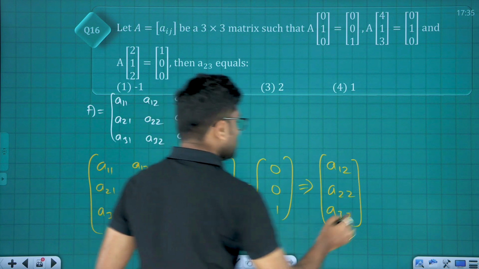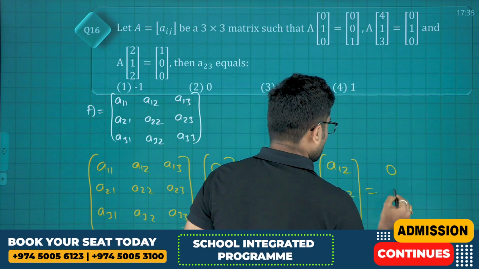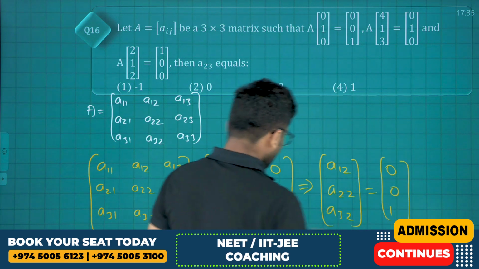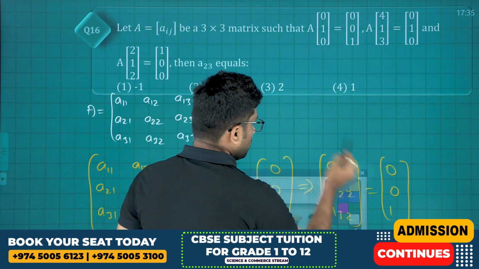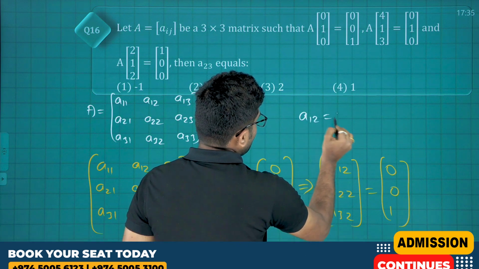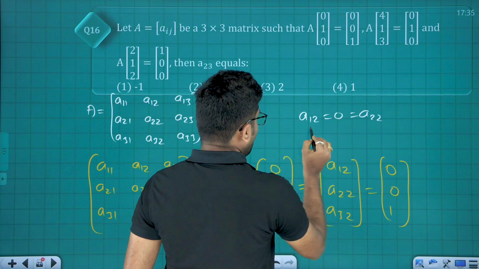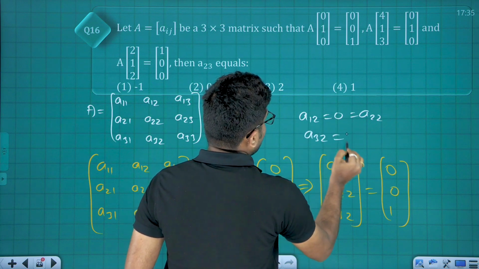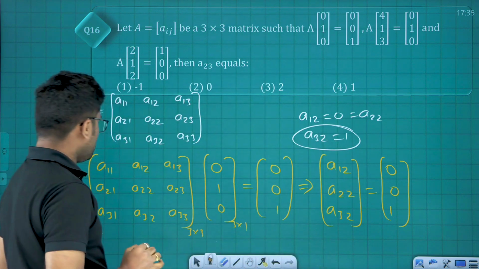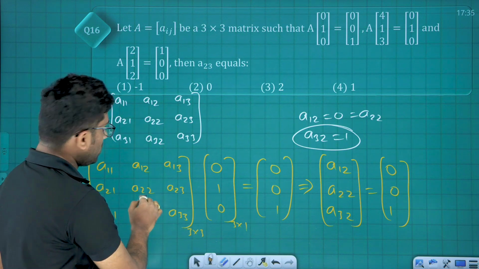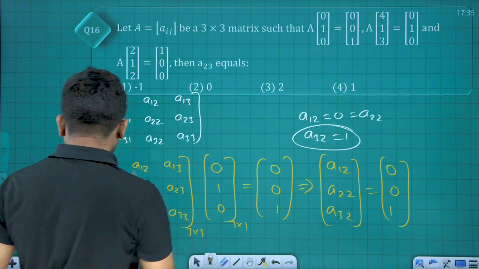This is equal to 0 0 1, correct? So clearly A12 is equal to 0, A22 also equal to 0, and A32 is equal to 1. These are the elements that we got.